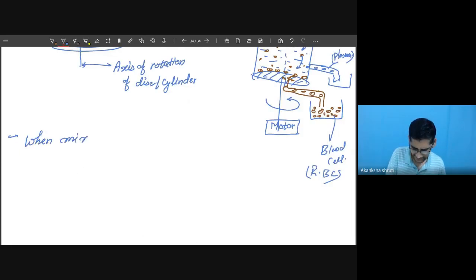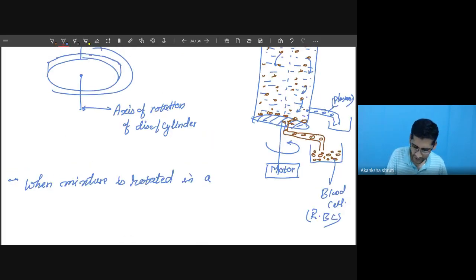The mixture is rotated in a centrifuge. So this rotating mechanism is called your centrifuge.